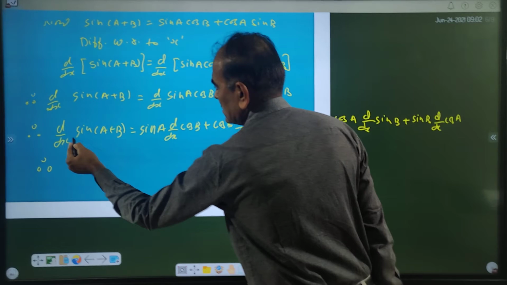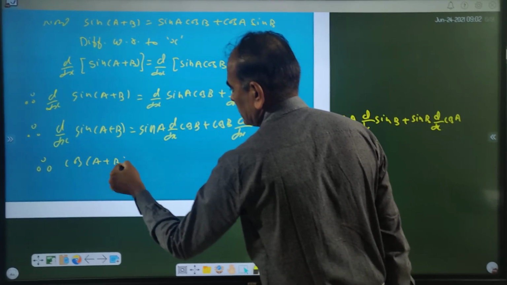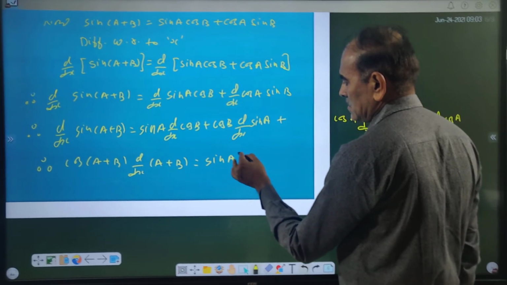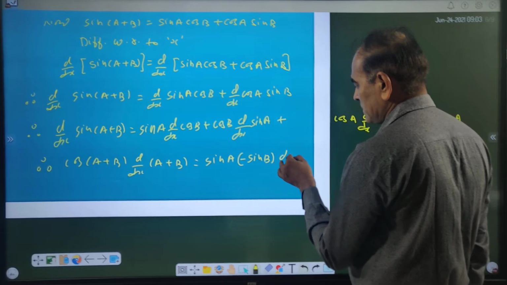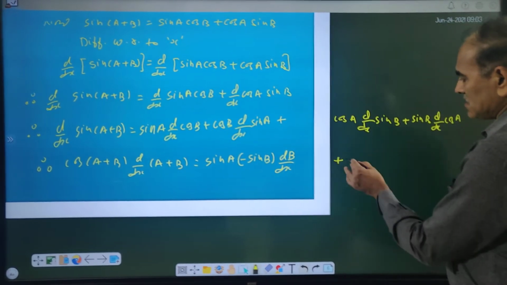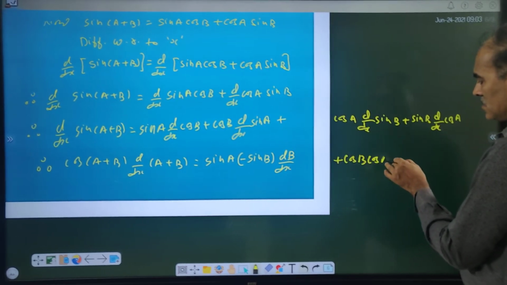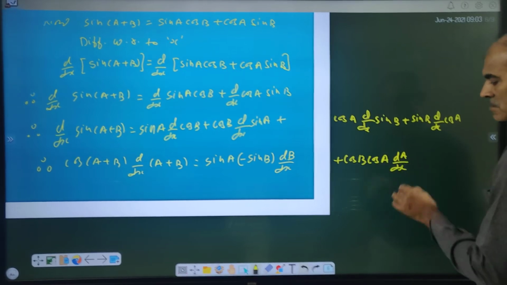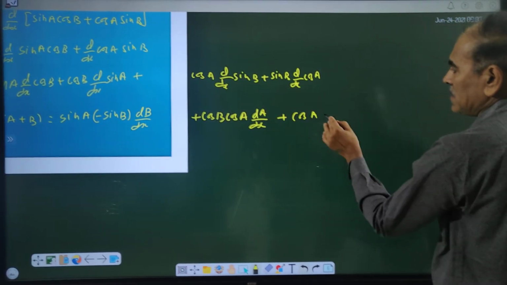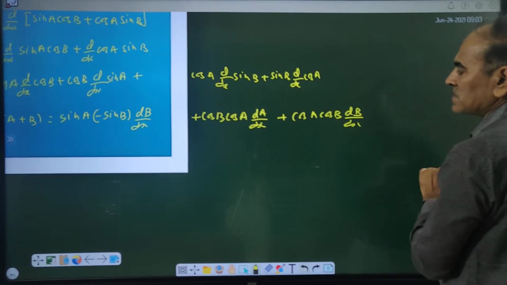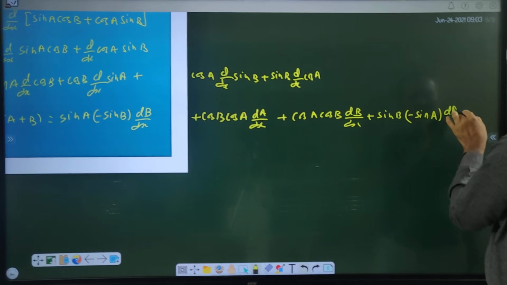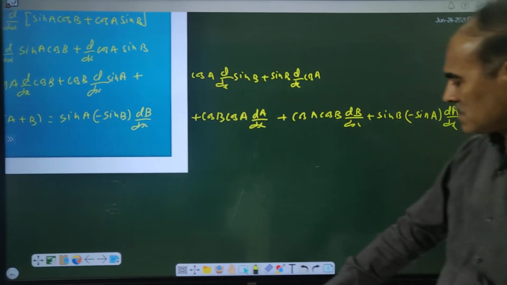Now, derivative of sin of some function is cos of the function times d by dx of the function, and derivative of cos of some function is minus sin of the function times d by dx of the function. So sin a times minus sin b d by dx of b, plus cos b times cos a d by dx of a, plus cos a cos b d by dx of b, plus sin b times minus sin a d by dx of a. Agree? Yes.